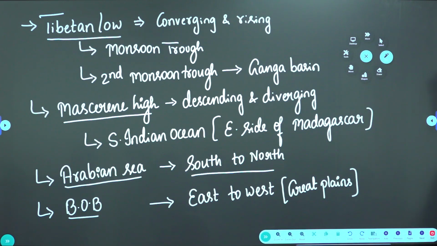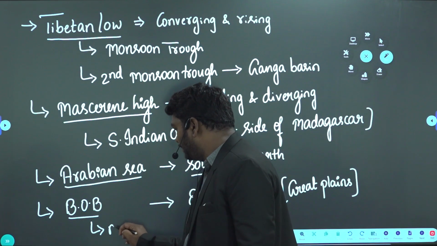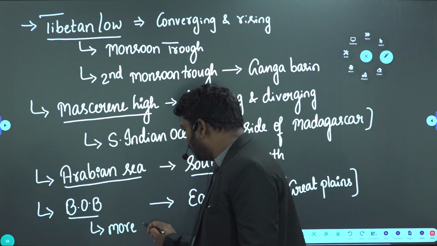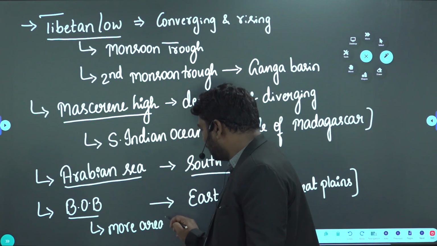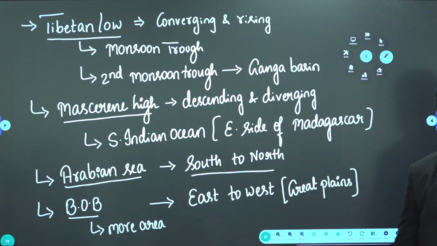It is believed the BOB branch covers more area compared to the Arabian Sea branch.